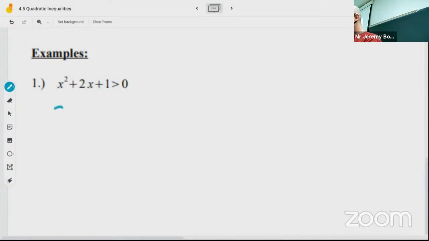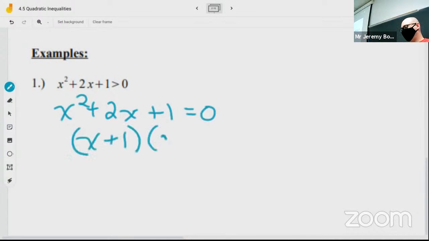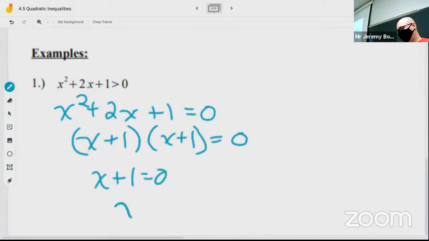So, next thing we're going to do, write it as an equation: x squared plus 2x plus 1 is equal to 0. Let's try to solve for x. That's going to tell us our x-intercepts. So, this is going to be x plus 1 times x plus 1 equals 0. Is that right? Good. And so that means that x plus 1 is equal to 0, so x equals -1.